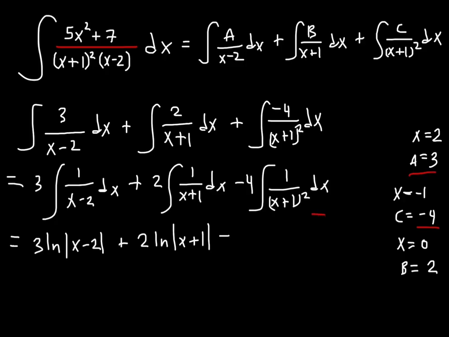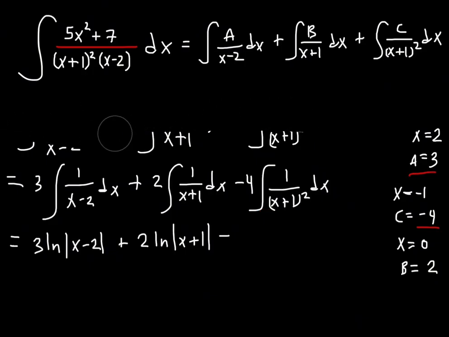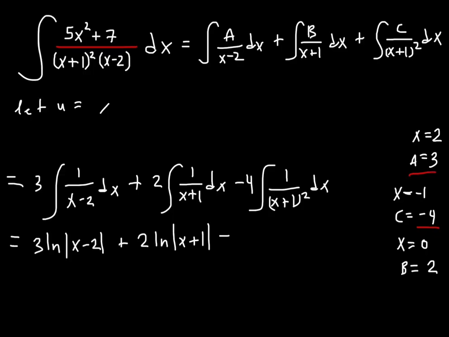minus, and now to solve this integral, I'm going to use u substitution. So let u equal x plus 1. So I have the integral of 1 over u squared dx. So du is going to be du over dx.